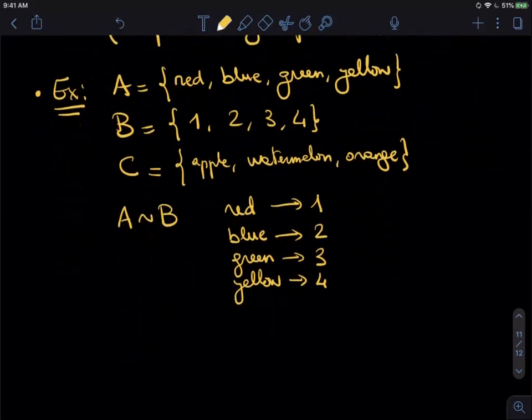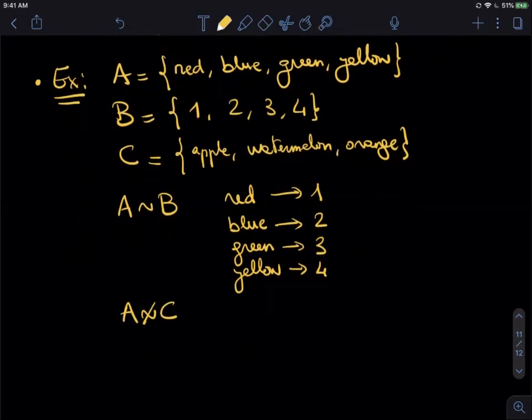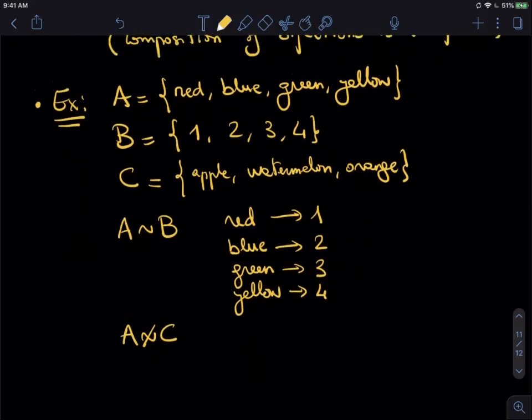But for example, A is not equivalent to C, because A has 4 elements and C has 3 elements. So there is no bijection between them.